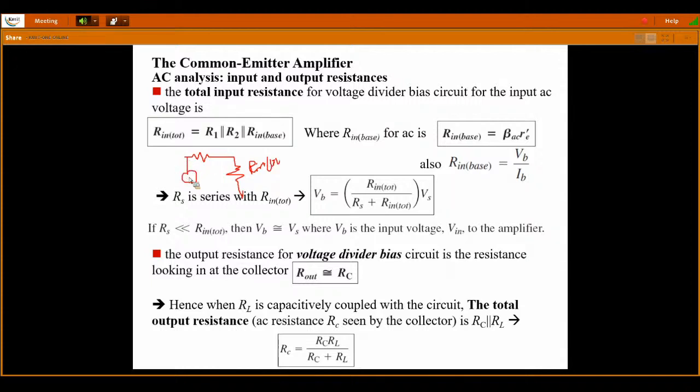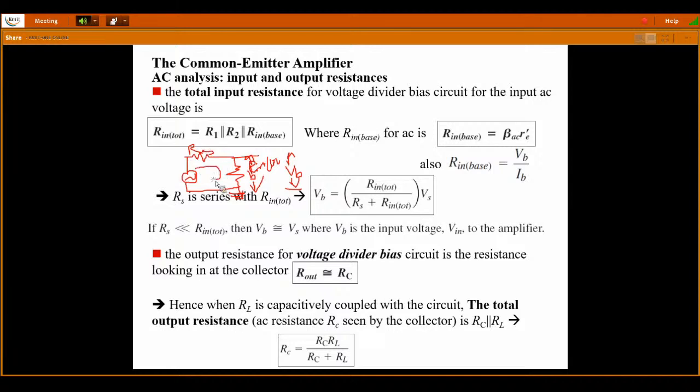This is your VS, the connected AC signal. Now this is your base voltage, calculated across the total input resistance. When comparing the source resistance with the total input resistance, RS is very small.